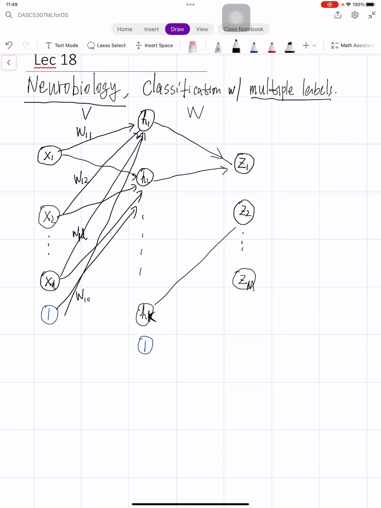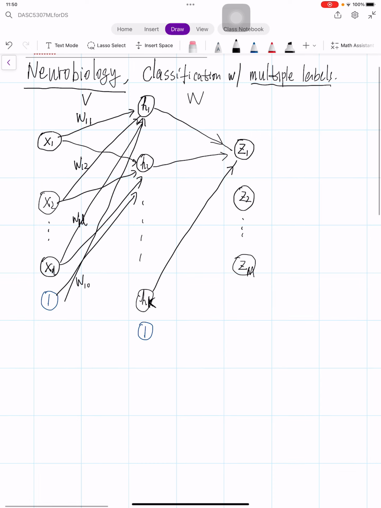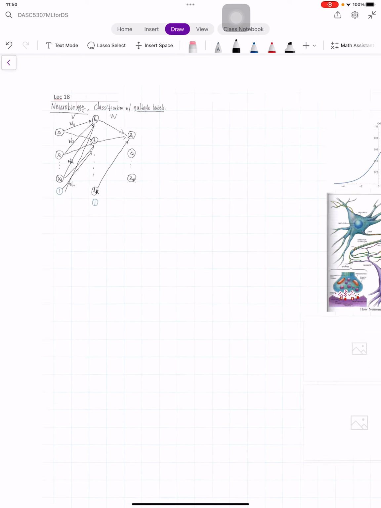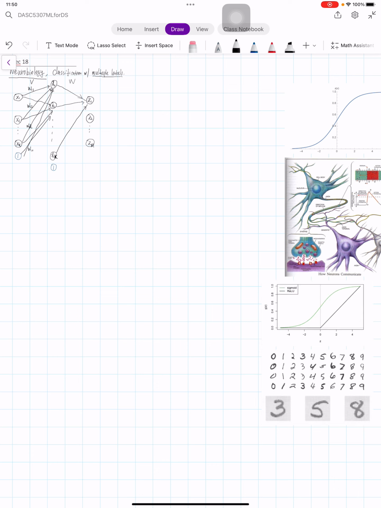Here we introduce classification, so the output of this neural network needs to be transformed into probabilities.